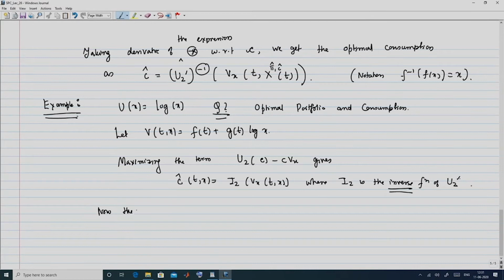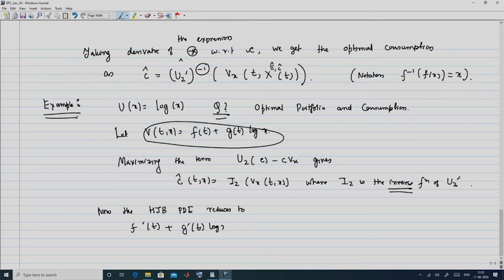Now, the HJB PDE with this assumption for V(t, x) reduces to f prime of t plus g prime of t log x plus theta squared over 2 into g of t plus r g(t) minus log of g(t) plus log of x is going to be equal to 1.